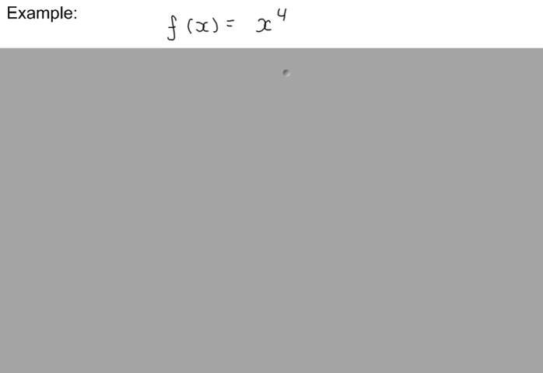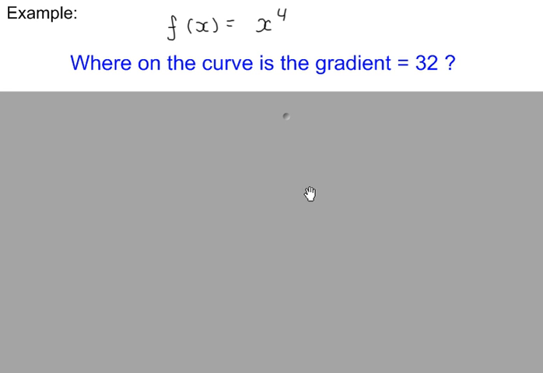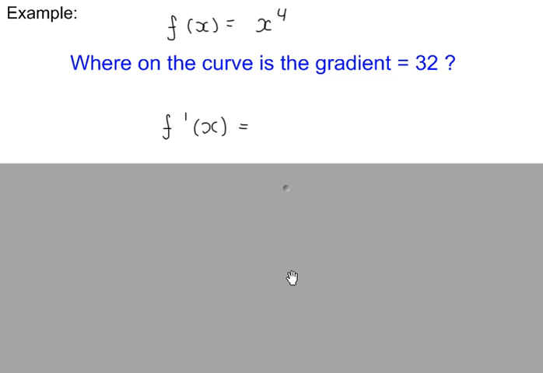In this example, f of x is equal to x to the power of 4, where on this curve will the gradient be equal to 32. So I need the gradient function because the gradient is 32. So I need to differentiate this. So f dash x, using this notation, differentiating, 4x to the power of 3.